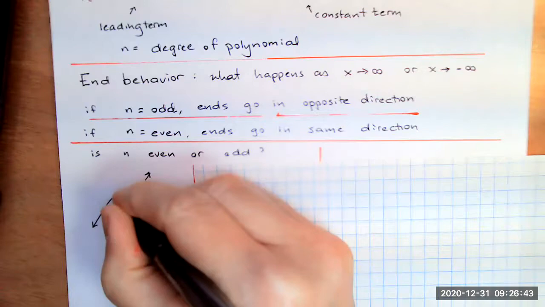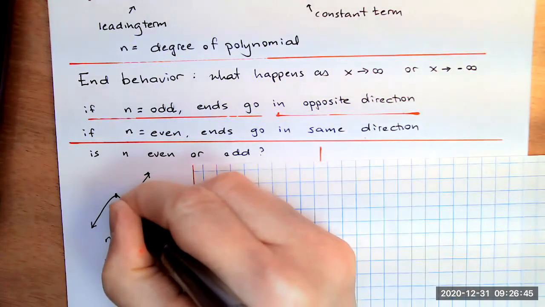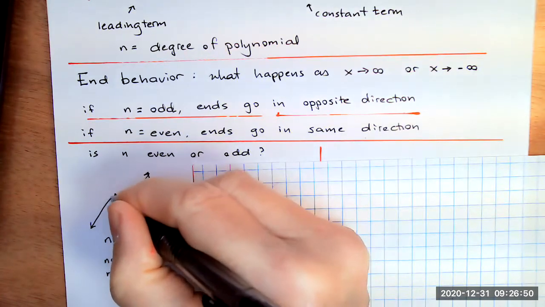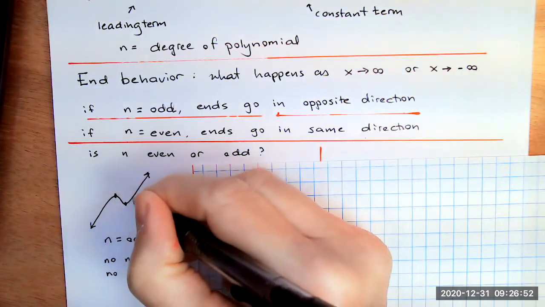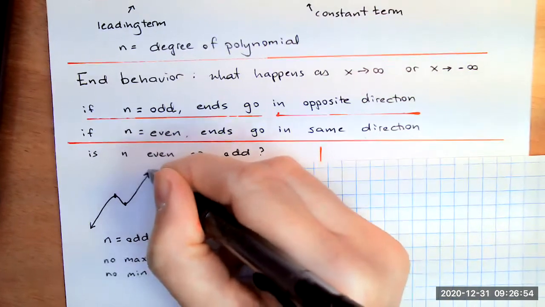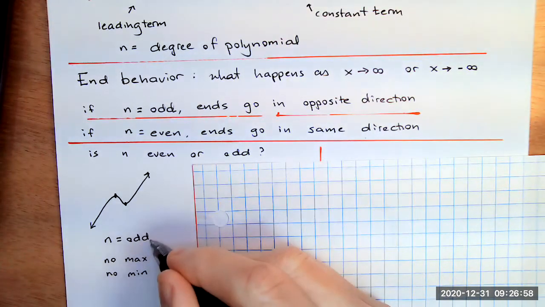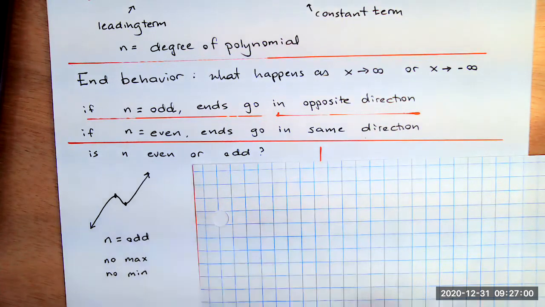It has a relative maximum and a relative minimum. So it's a maximum in its little neighborhood, but the maximum of the entire function is higher. And that's going to be true of all polynomials with an odd degree.